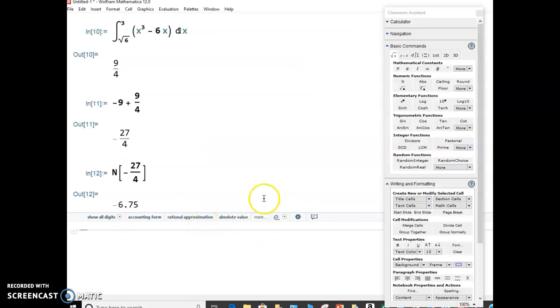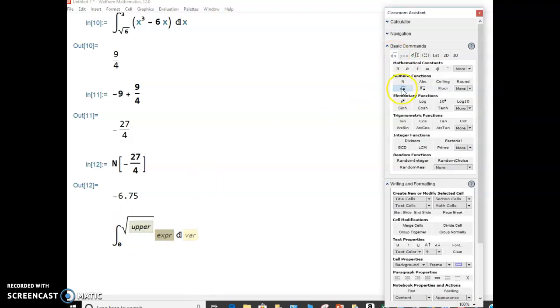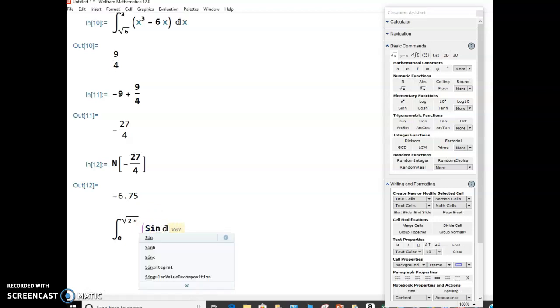All right, so here in Mathematica, let's have Mathematica figure out our values. We want to know from 0 to radical 2 pi. Oops, I have 2 pi's there. And my expression was sine, actually I put it in parentheses, sine of x squared, and it was dx.